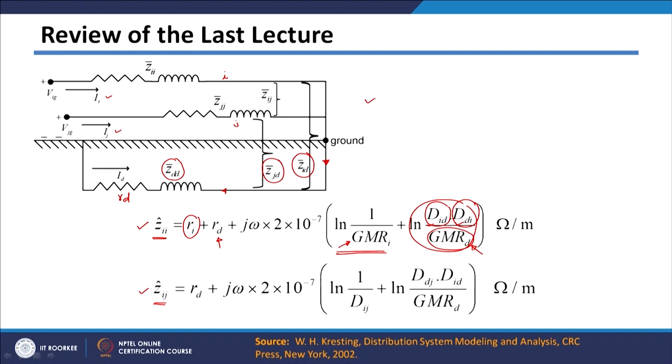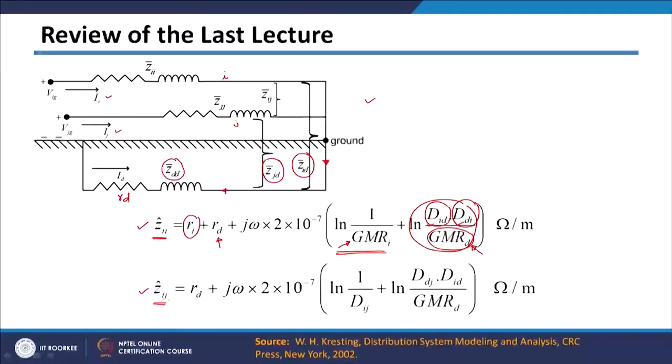So, getting this RD as well as all these distances of the ground conductor is a tricky thing. Also, in the mutual impedance part there is an RD term, which is again difficult to get. Similarly, we get this term which depends on the distances with respect to the ground conductor as well as the GMR of your ground conductor. However, this distance is available, so we can get this term.